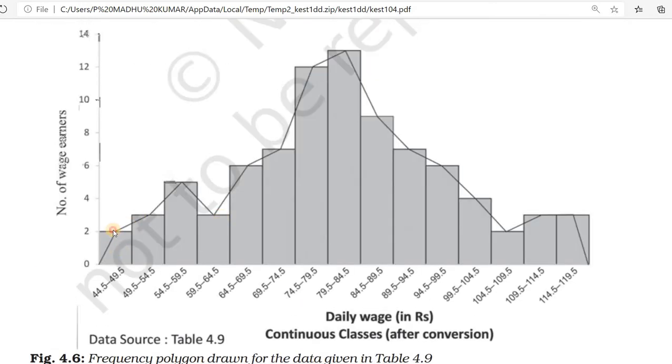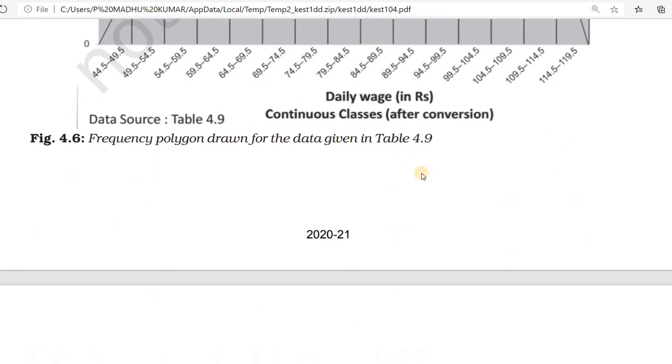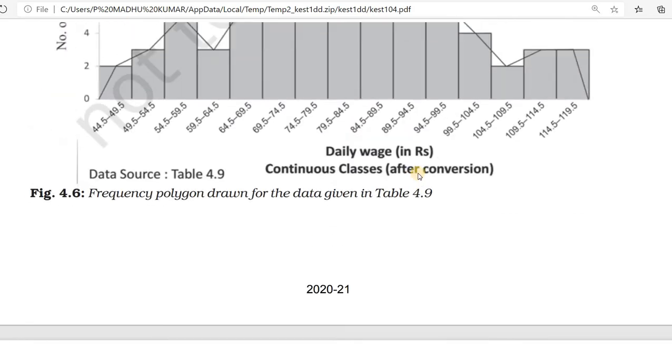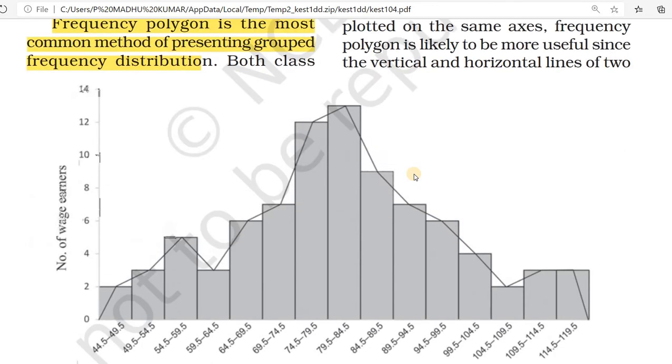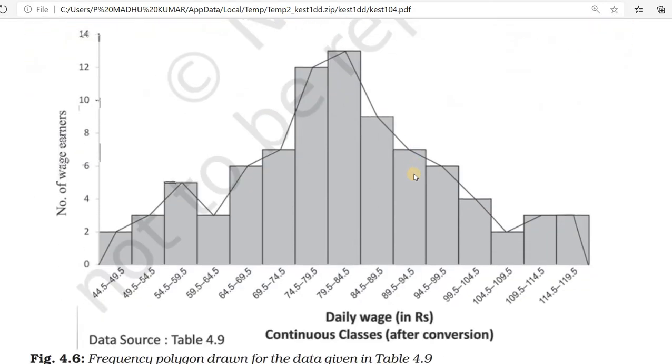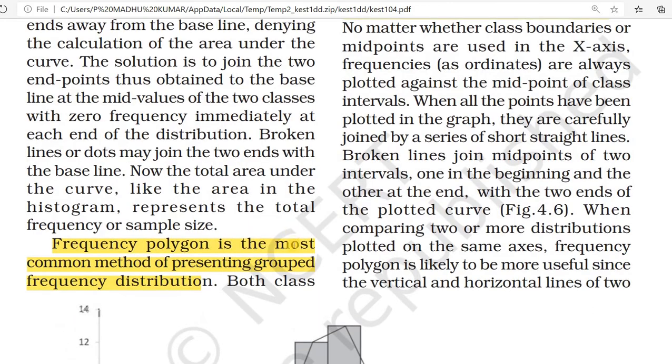Here is the midpoint for 44.5 and 49.5. Then here is the next midpoint. Like that we mark the midpoints, and after that we join these points. That one we call a frequency polygon.